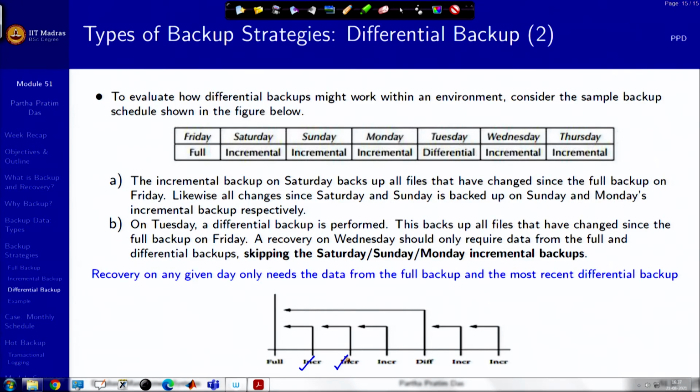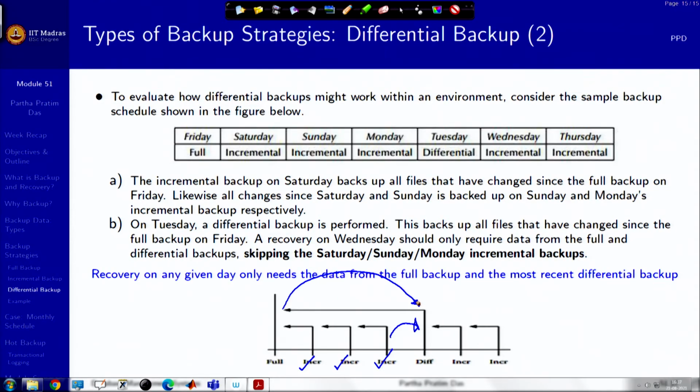You have done incremental on Sunday, it is over the Saturday, incremental on Monday, over the Sunday. On Tuesday, you do a differential. So, what you do on Tuesday, you do not do incremental with respect to Monday, rather you do a differential with respect to Friday.